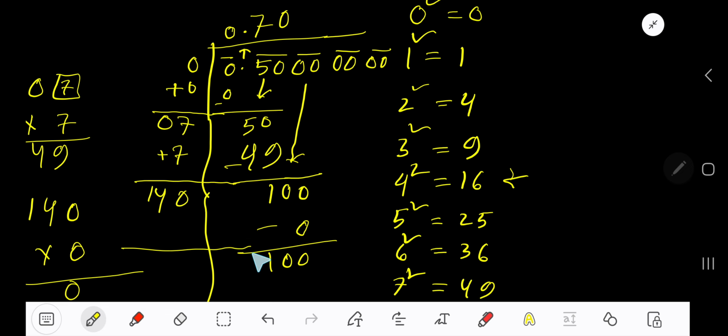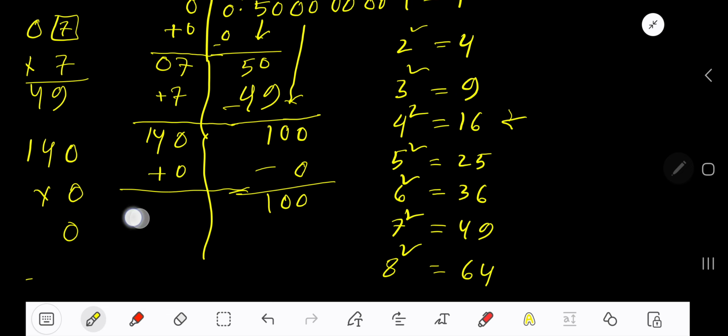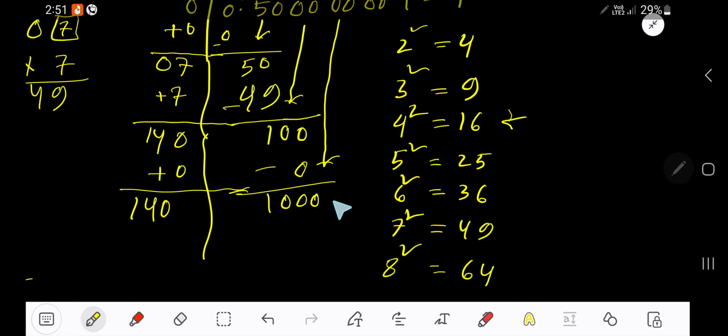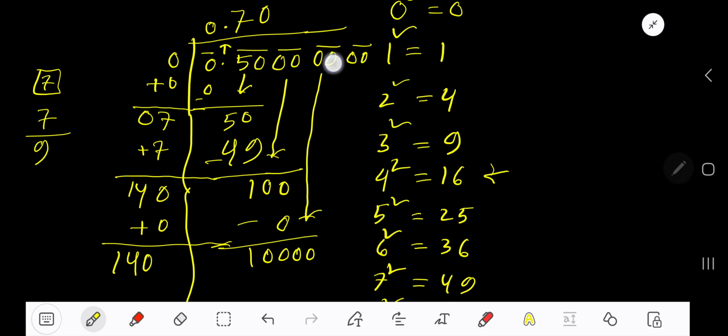Now add the same digit, 140 plus 0, 140. And you need to bring down one more pair.